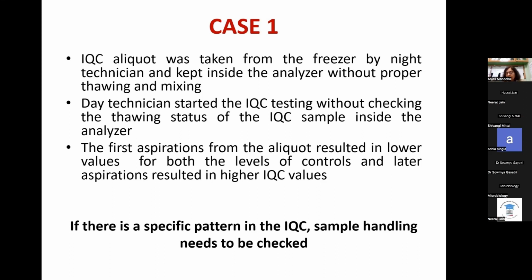So the consultant checks and finds that every morning when these people are on duty, the morning control for this parameter is out, but the evening control is in. When he checked the specific pattern, he found that the handling of the control material was going wrong and needed to be corrected. So this is an example of how different errors can occur in your IQC control and how to troubleshoot.